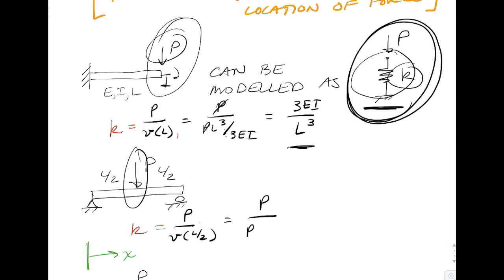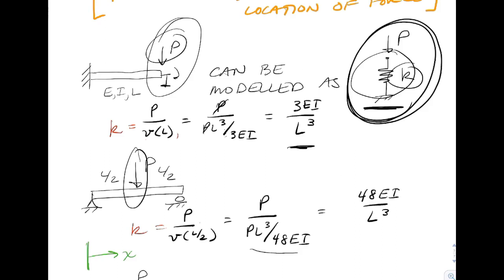So working this out, we would use the flexural table, and we would find that deflection at midspan of a point load on a simply supported beam is PL cubed over 48 EI. So the stiffness would be 48 EI over L cubed.